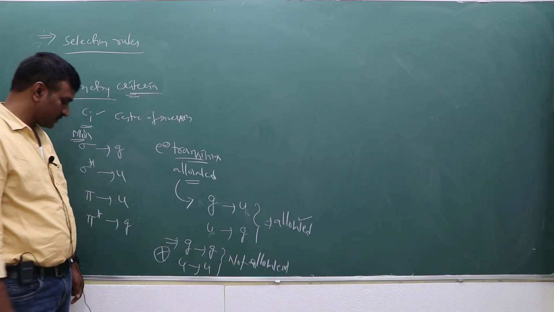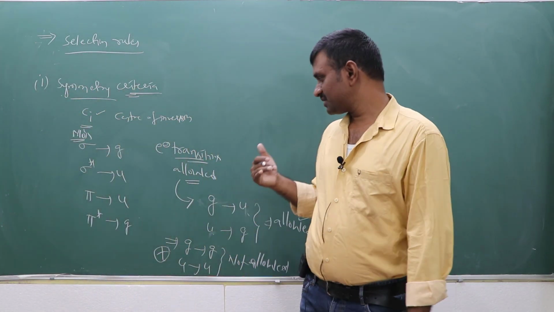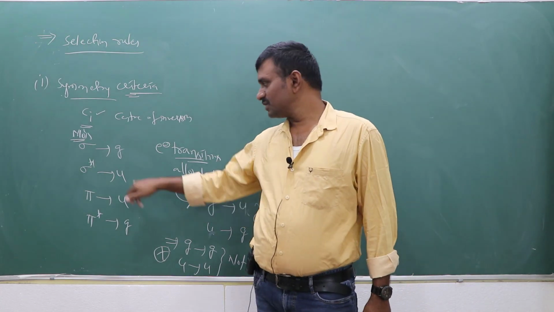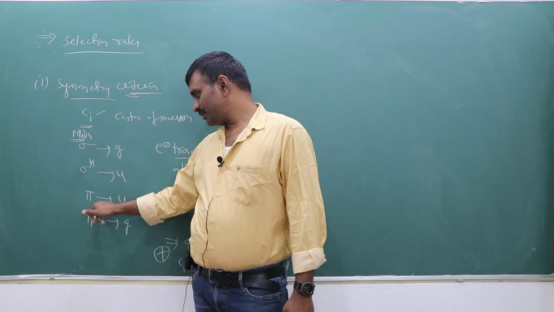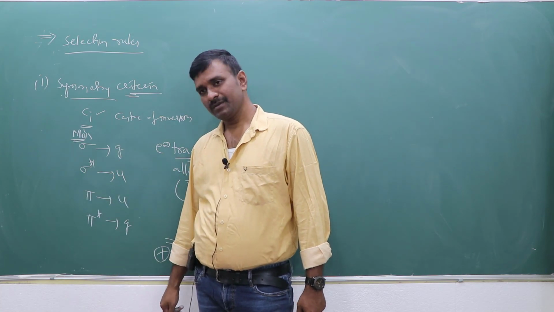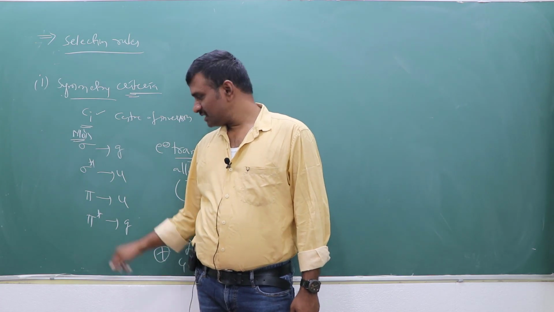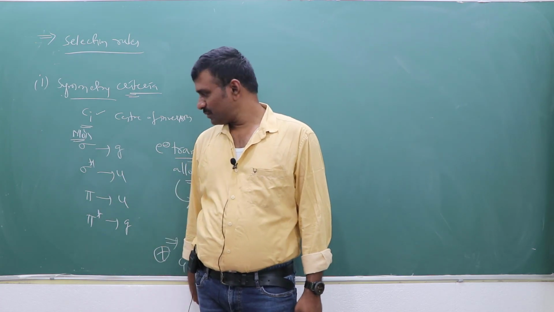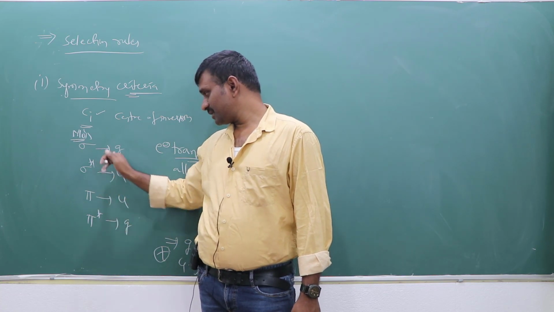Suppose sigma, sigma star, pi star. Is sigma to sigma star possible or not? Possible, gerade to ungerade. Is sigma star to pi possible or not? Ungerade to ungerade is not possible. A general case, suppose.